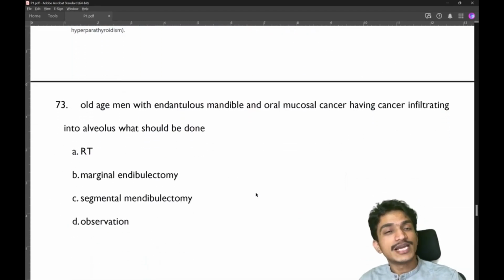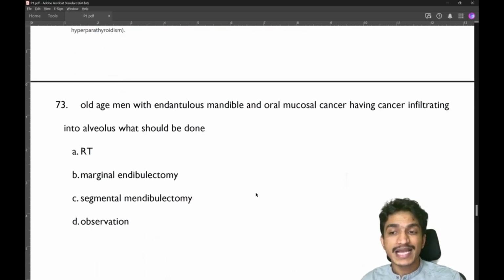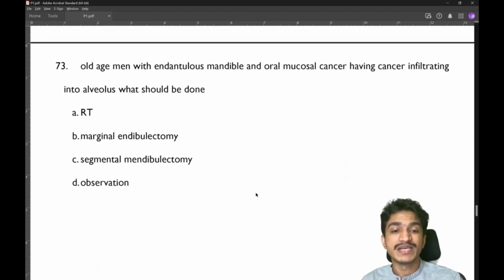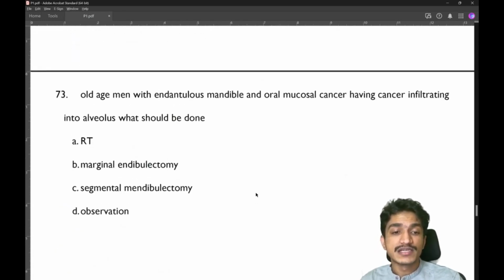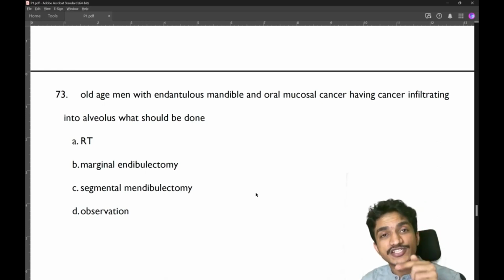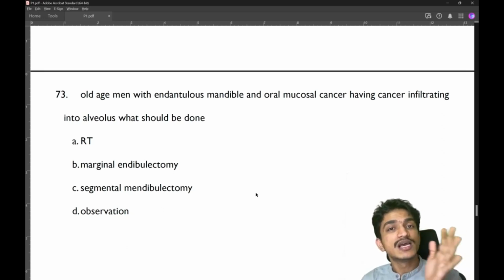Coming to next, old age man, edentulous mandible, oral mucosal cancer infiltrating into the alveolus, so the answer should be a segmental mandibulectomy. Why not marginal? Why not radiotherapy? Why not observation? Because it is an oral cavity cancer with extension into the alveolus, and it is infiltrating into it, not just eroding it.